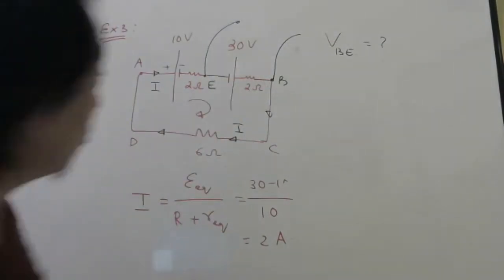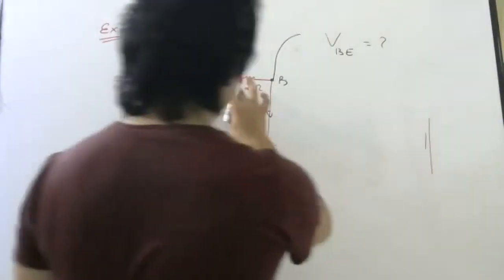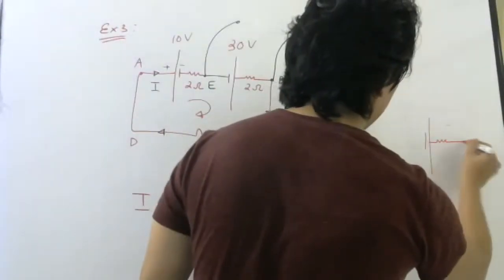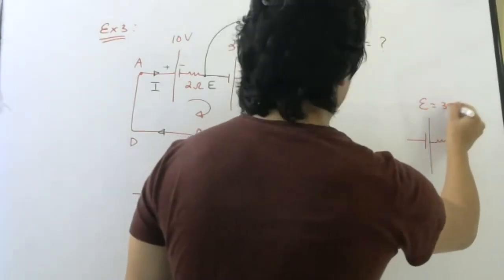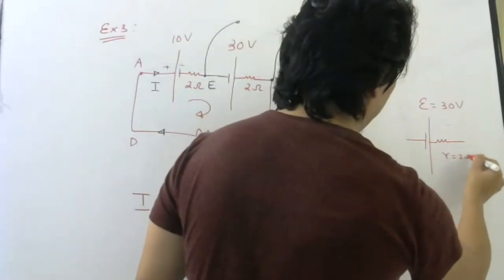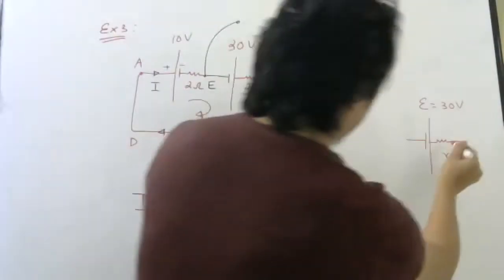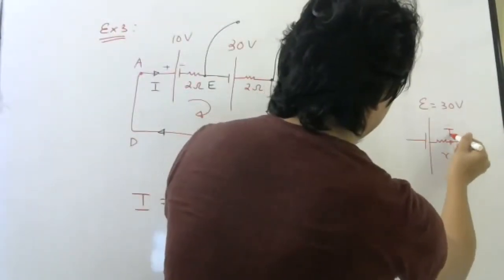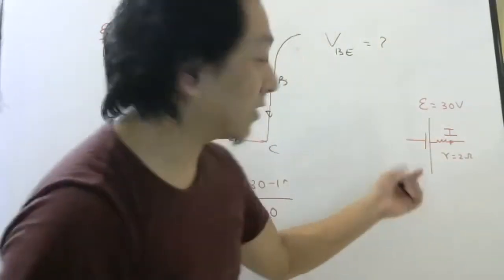Then what you do, observe this battery carefully. Only that battery. EMF is 30, internal resistance is 2 ohm. And current is flowing this way. So current is coming like this. So if I ask only here, then basically I am asking what?